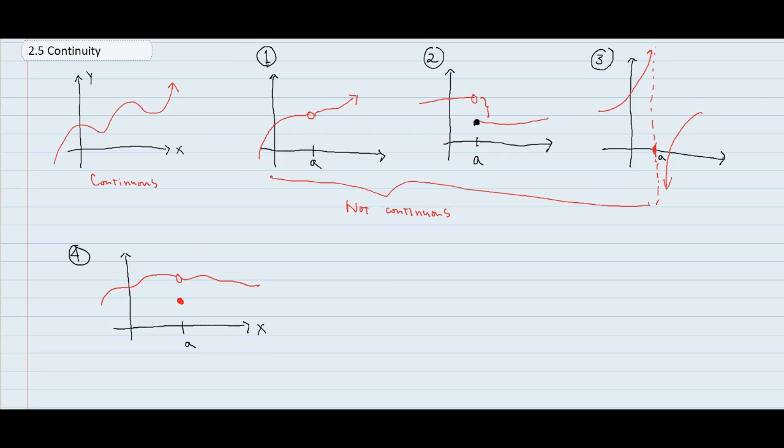So the limit exists because they both approach that y value, and the function is definitely defined because there's the dot there. But in this case, the limit as x goes to a does not equal f of a. So as you can see, this is definitely not continuous.